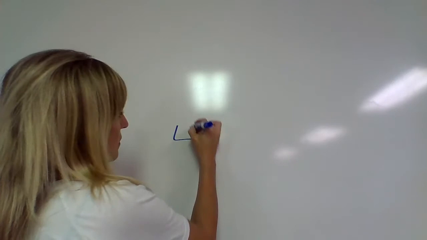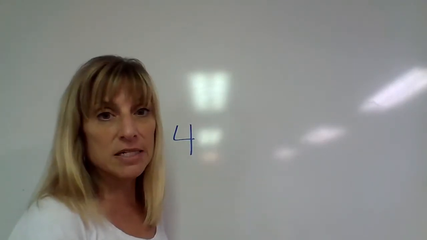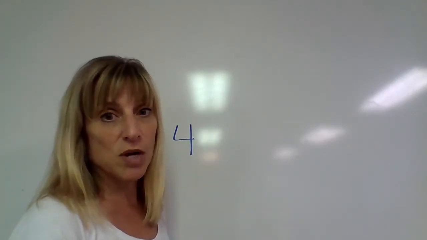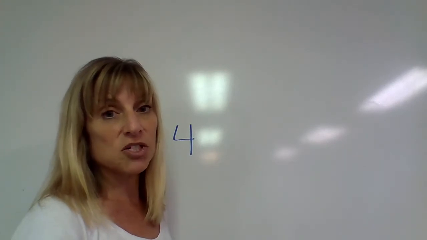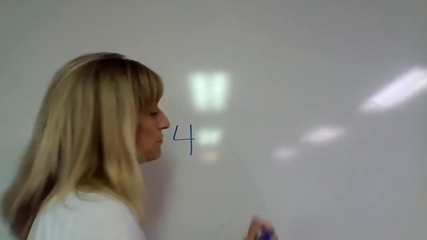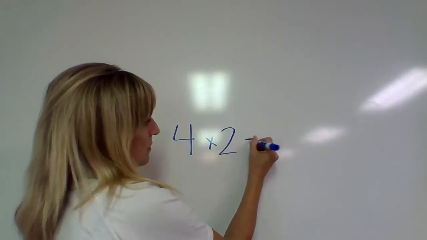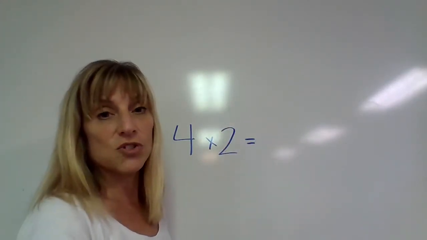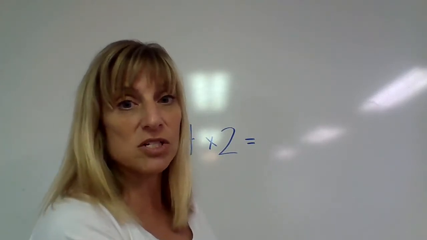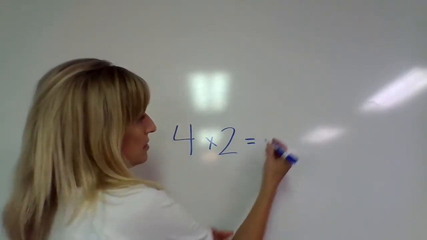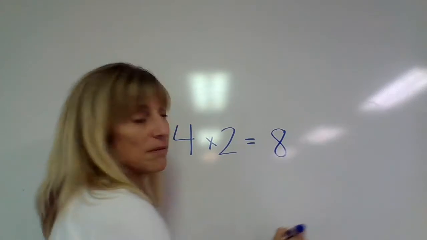Now, she bought 4 magnets. Each magnet cost $2. So that's actually a multiplication problem. 4 times 2, and you guys should know your multiplication of 2's, and that is 8.